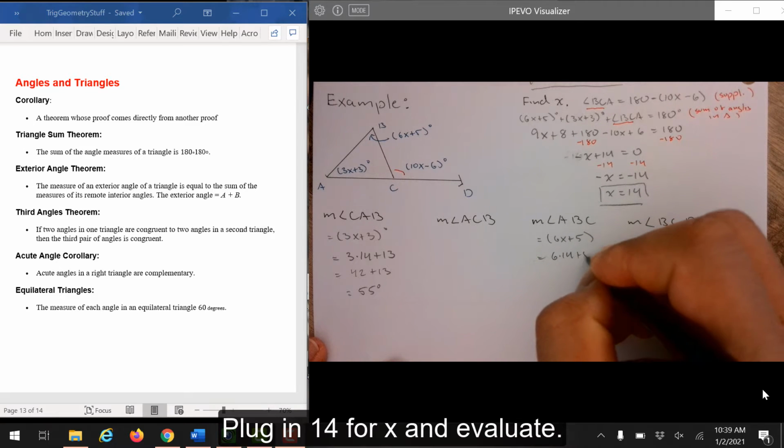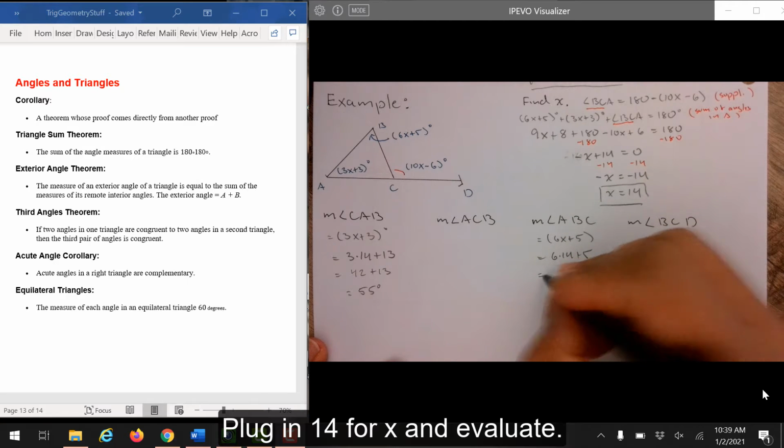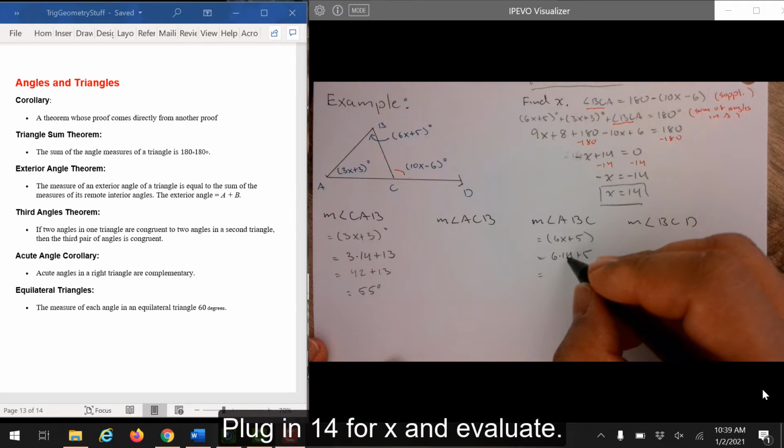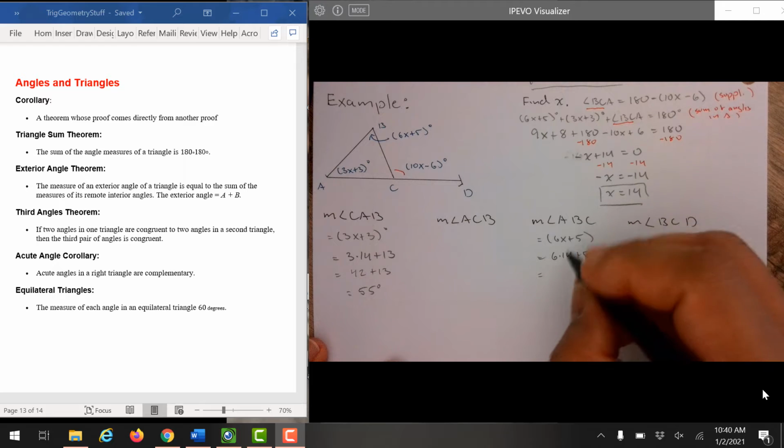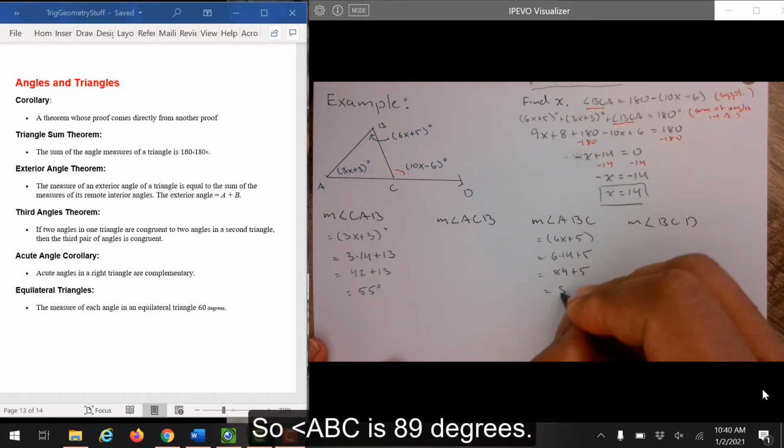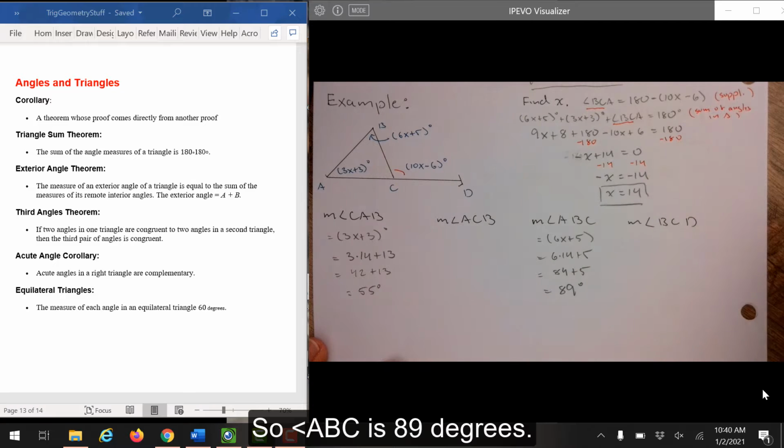Plug in 14 for x and evaluate. So angle ABC is 89 degrees.